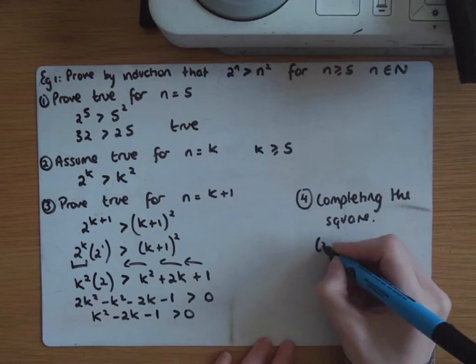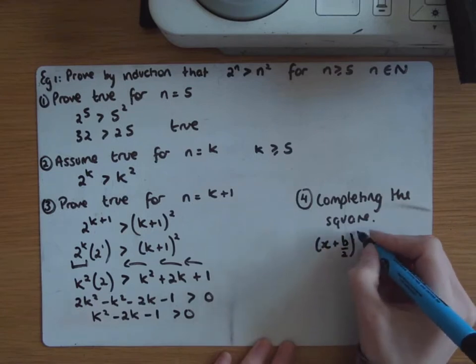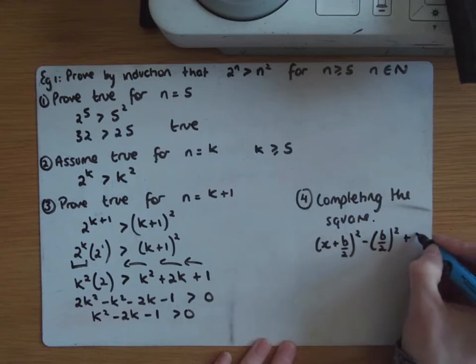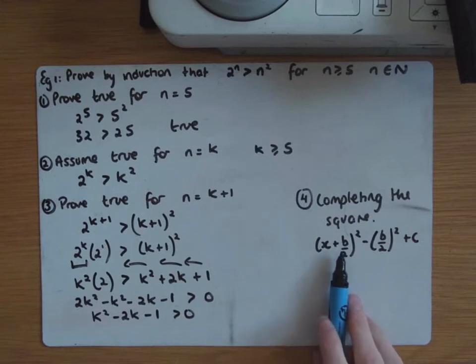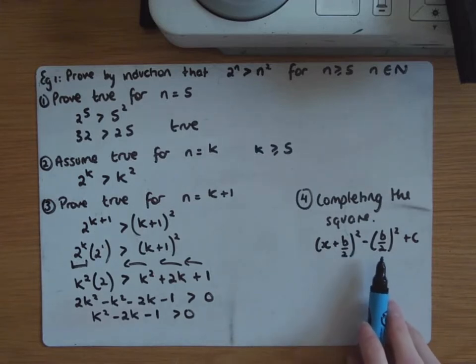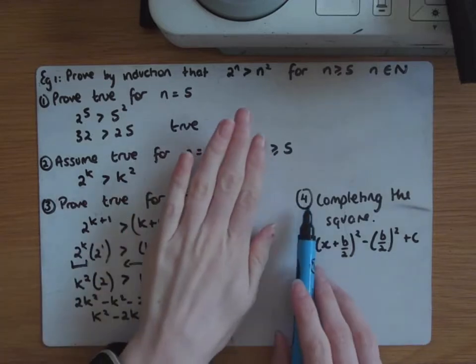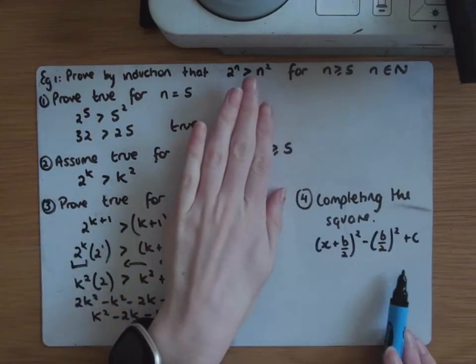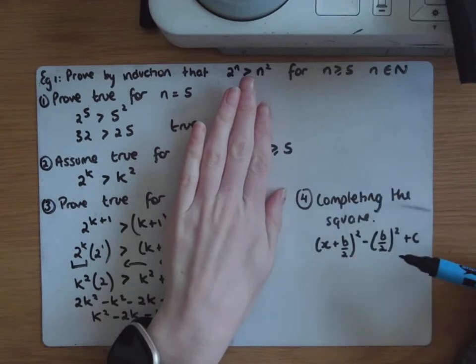Okay, and that is x plus b over 2 minus b over 2, so half the coefficient of the x and then minus half the coefficient of the x to be squared. Sorry, this 4 isn't to do with this, this 4 is from the notes, yeah?